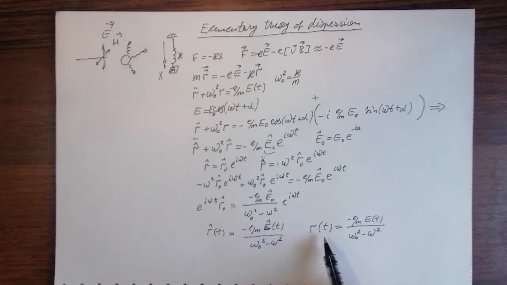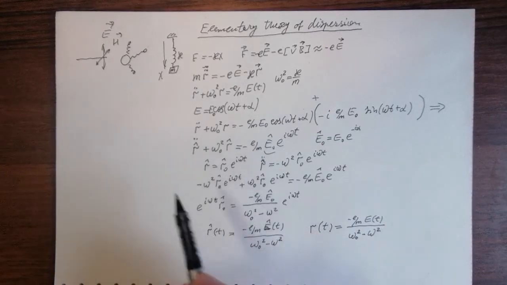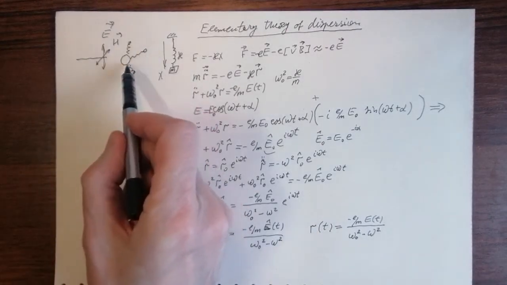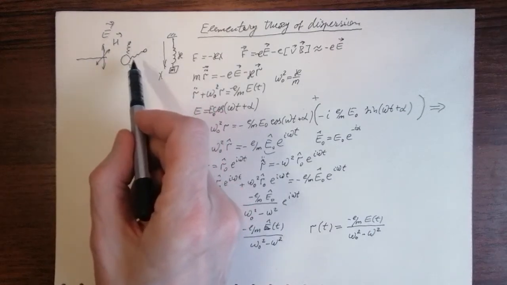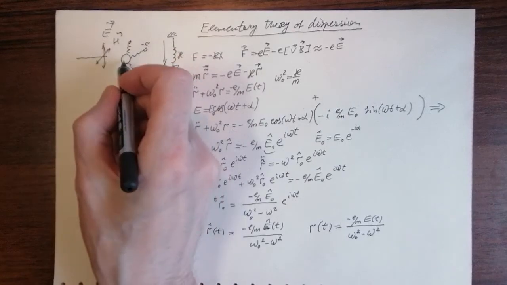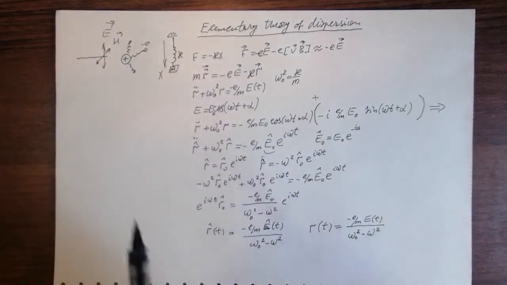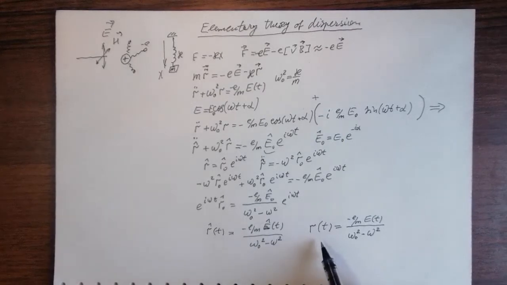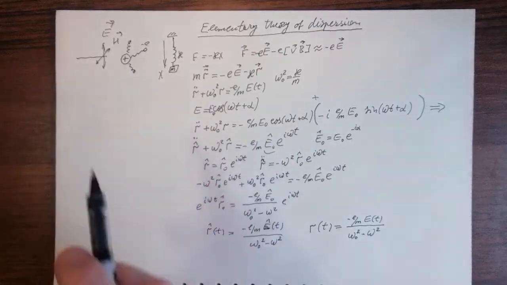What will happen when electrons are moved along this direction, and electrons are minus e and here is plus? So it is evident that the result of this will be polarization, when we have some shift of electrons against minus charges against plus charges.